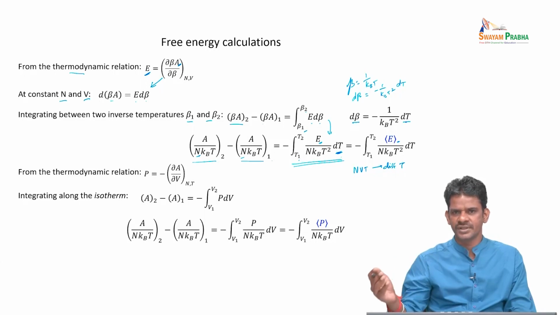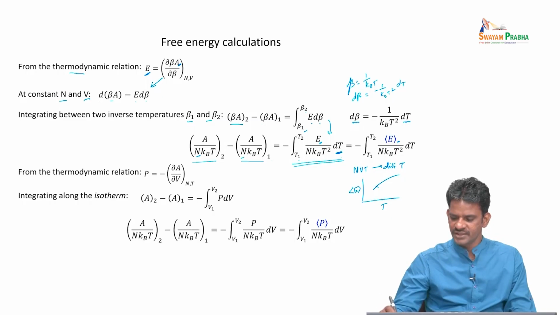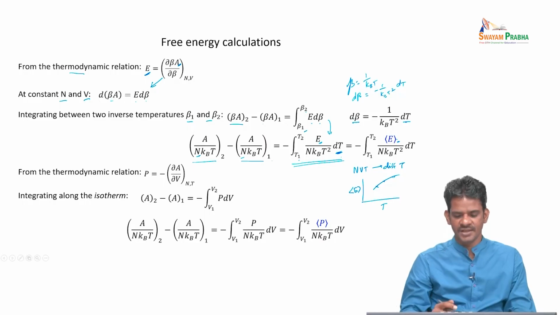In each of those simulations, you get the average energy. So, basically you can plot the temperature versus the average energy in each case. Okay, and you are going to just take these points and then use it here and then integrate between the limit T1 to T2, and that should give you the difference in the free energy.